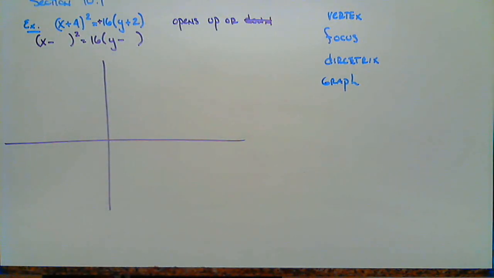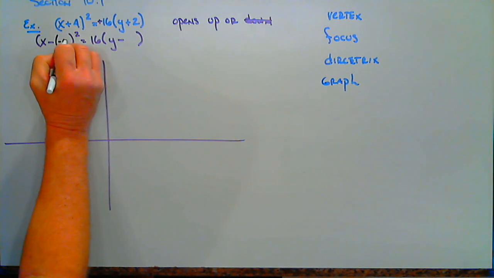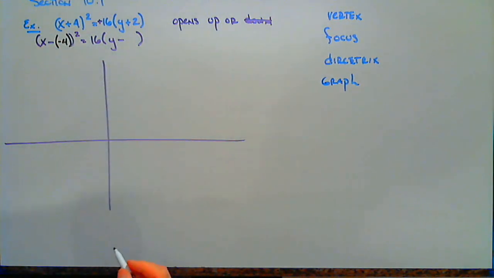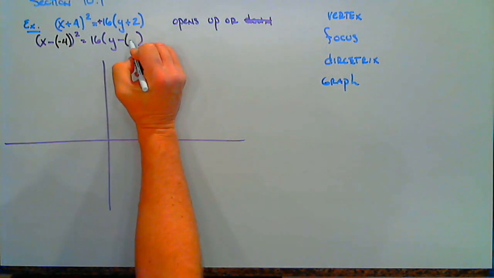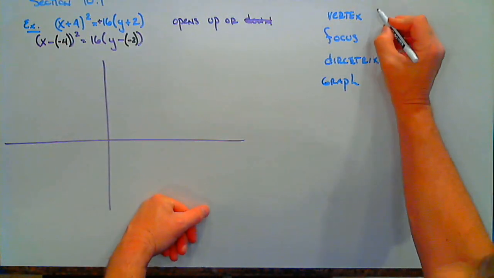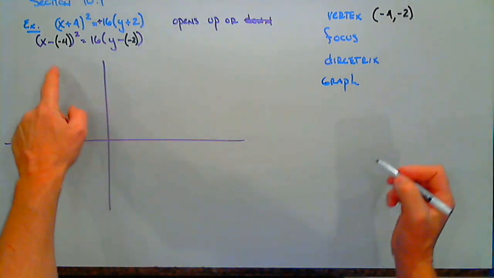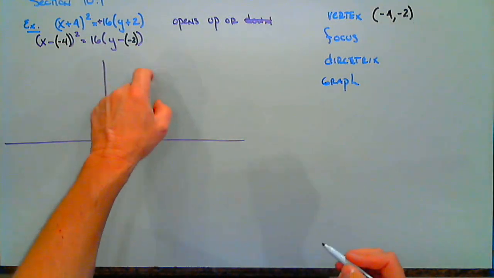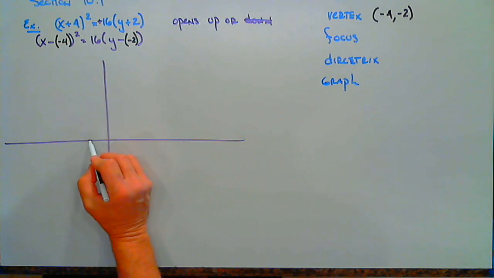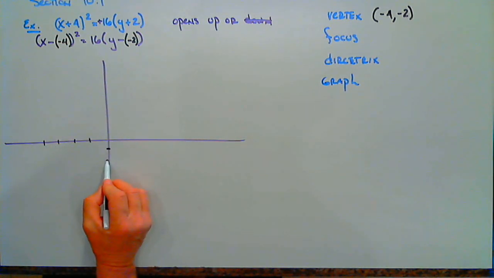The formula brings with it an inherent negative sign. The negative is built into the formula. So how did I get the positive 4 then? You're correct. We have a negative 4. And how did I get the positive 2? We have a negative 2. So our vertex is going to be negative 4, negative 2. X is negative 4, y is negative 2. So our vertex is over here, 4 and down 2.